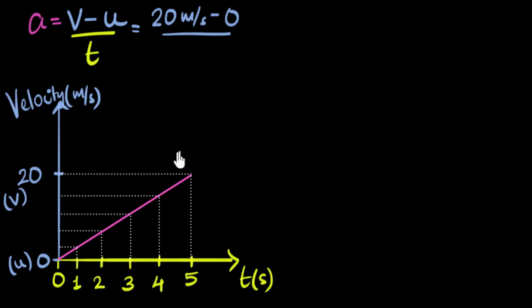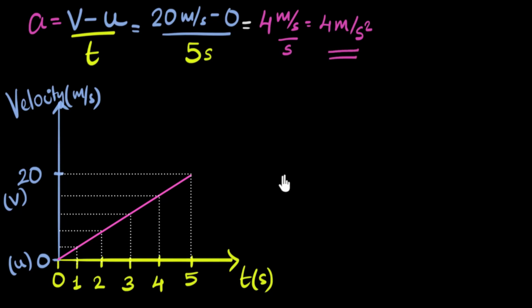And the time taken was 5 seconds. And that number equals 20 divided by 5, that's going to be 4 meters per second, which we call 4 meters per second squared. That is the acceleration of our cheetah. What does it mean?